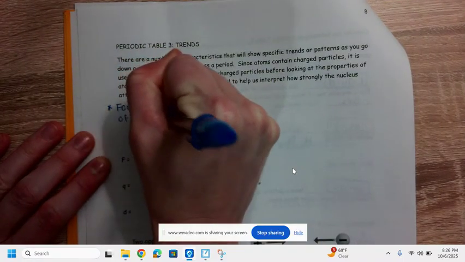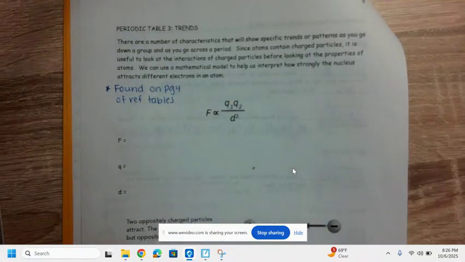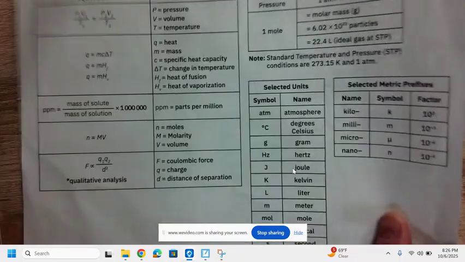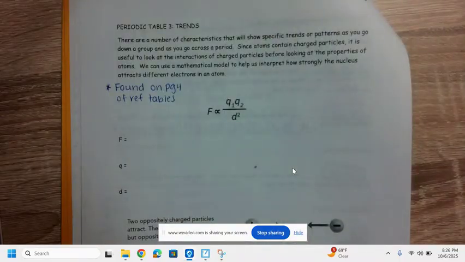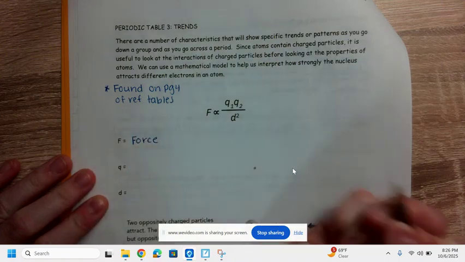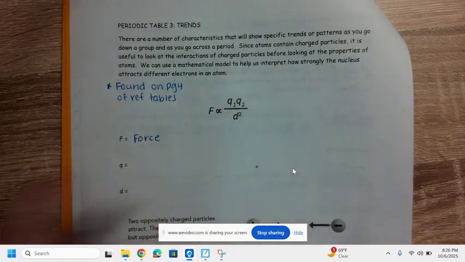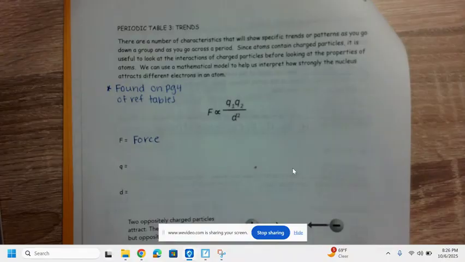So let's look at each of these variables and then we'll kind of divulge what they mean. F on here stands for Coulombic force. Sometimes we call it an electrostatic force. That's the force. Q1 and Q2: Q stands for charge. Q1 stands for the charge of the first particle and Q2 stands for the charge of the second particle.